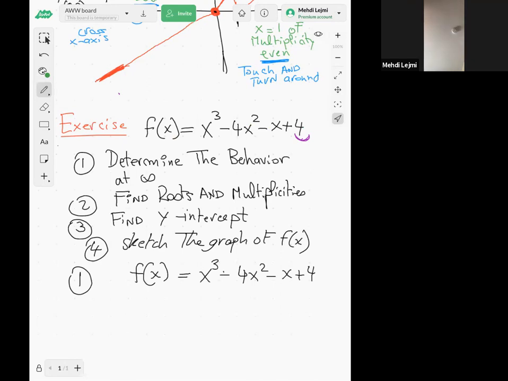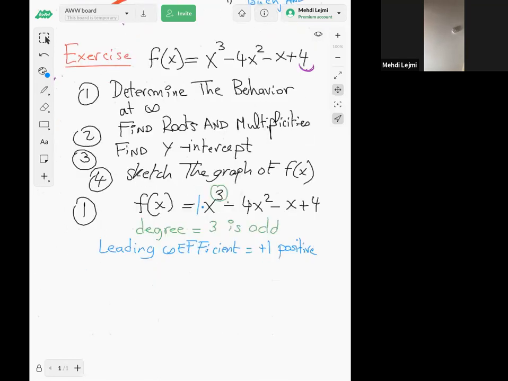The highest power of x is 3, so the degree is equal to 3, and that's odd, right? And the leading coefficient, that's the number in front of x cubed, is equal to positive 1. So it's positive, right? So we have the same behavior at infinity as the previous example.